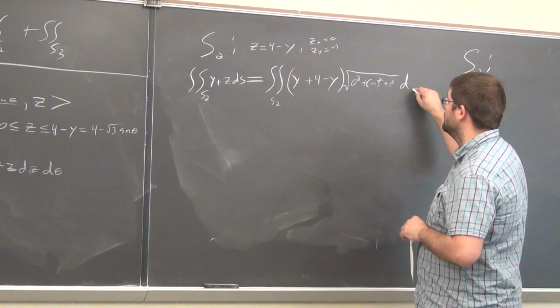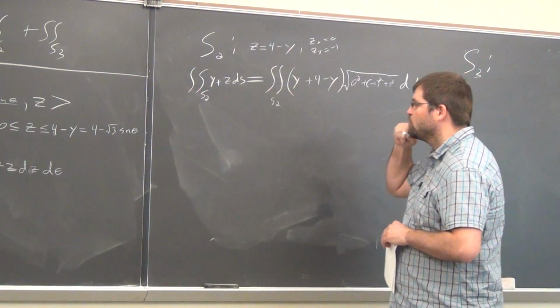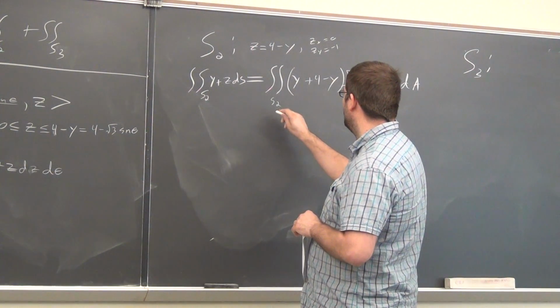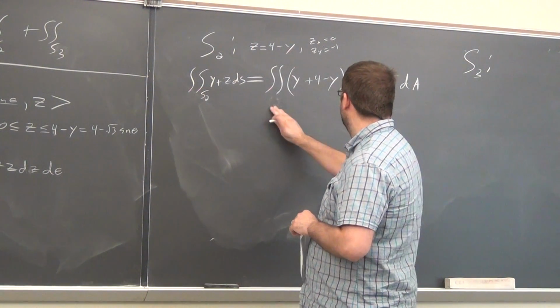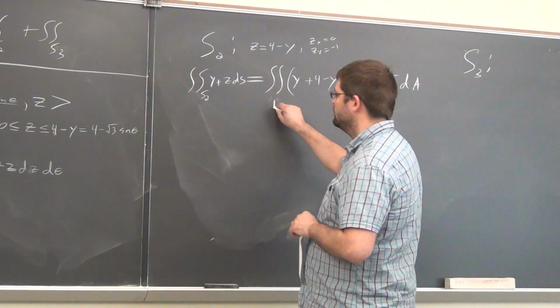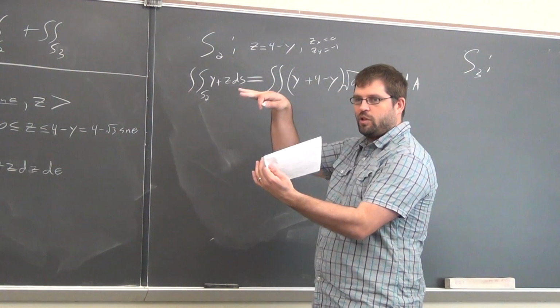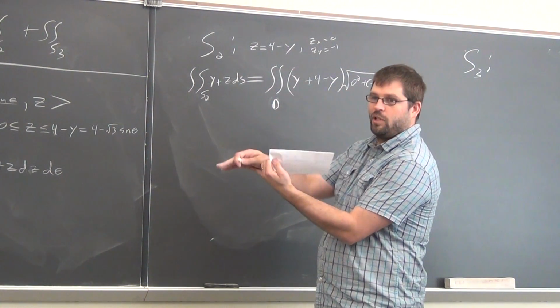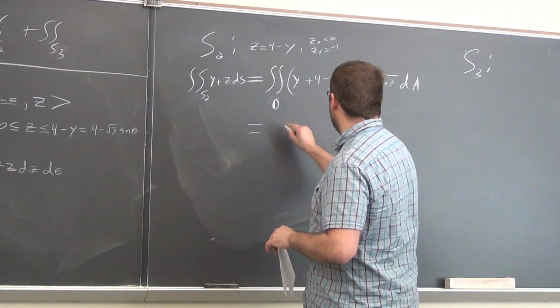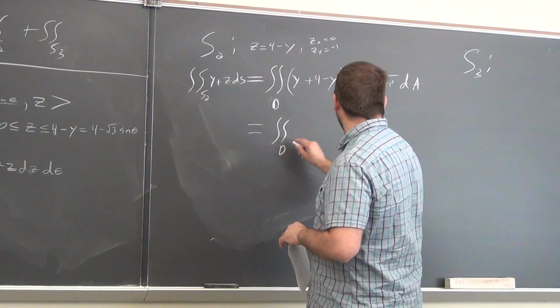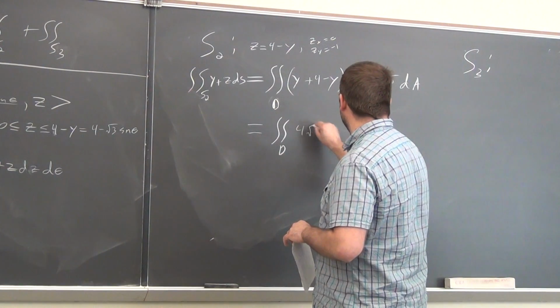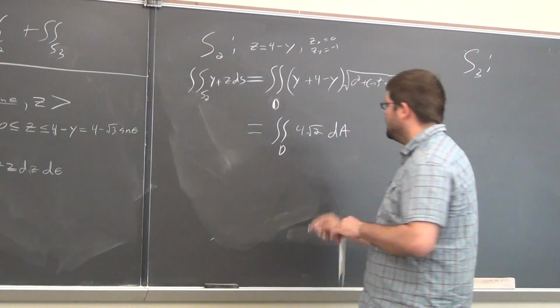And then dA, I don't want to call this S2 anymore. Now this is over the D, which is really the same as S3, the region down in the xy plane. And so you end up with the double integral over D of 4 times the square root of 2, I guess, dA.